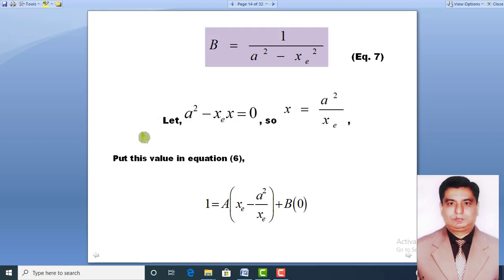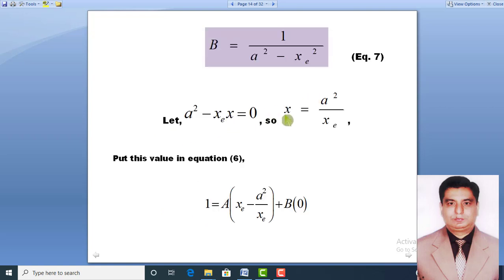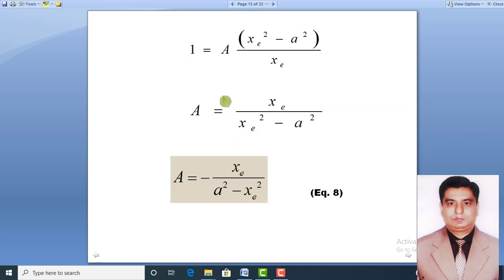So if we further suppose that A² minus XeX is equal to 0, it means X will be equal to A² over Xe. If we put this value in equation number 6, it can be written as 1 is equal to A into (Xe minus A²/Xe) plus B into 0. If we solve this by taking the LCM, then 1 will be equal to A into (Xe² minus A²) over Xe.